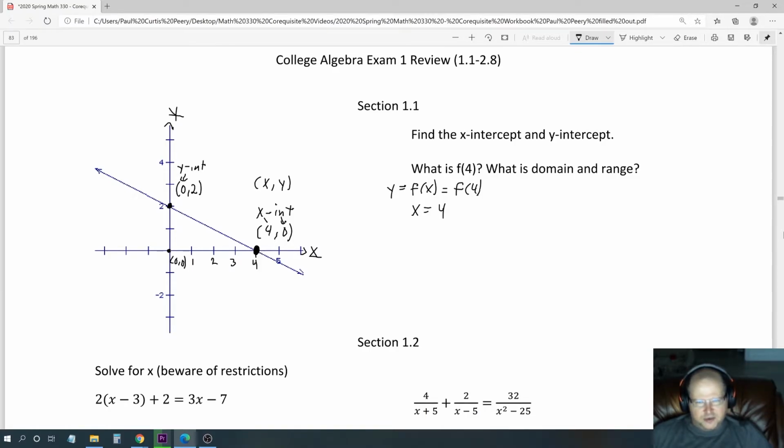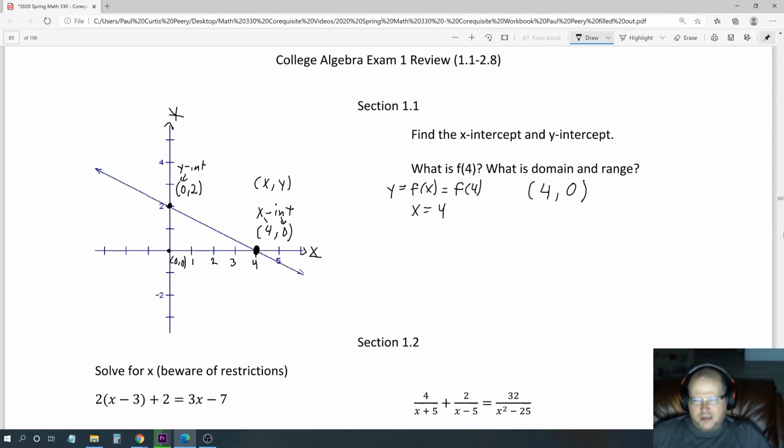What's the function's value if x is equal to 4? Or what is the y value when x is equal to 4? Or I can even put it as an ordered pair, right? So if x is equal to 4, what is y? Well, if x is equal to 4, y is 0.